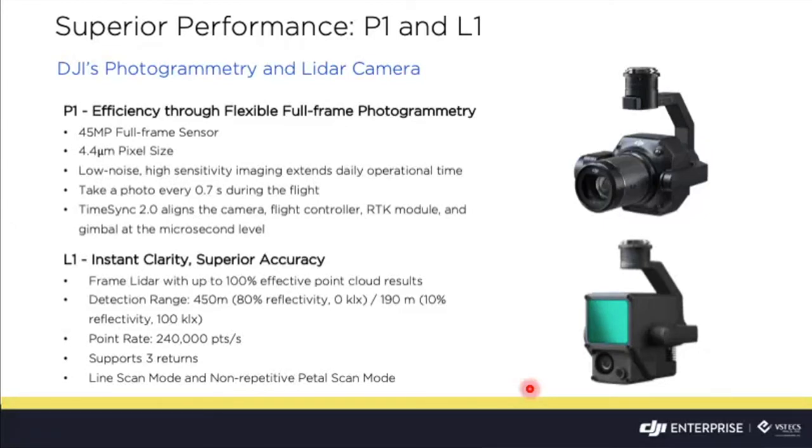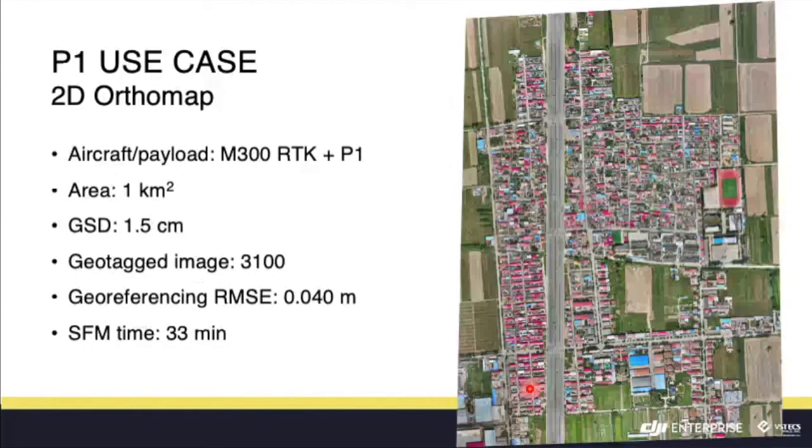So let's talk first about the Zenmuse P1. You can easily map a 1 square kilometer land area.